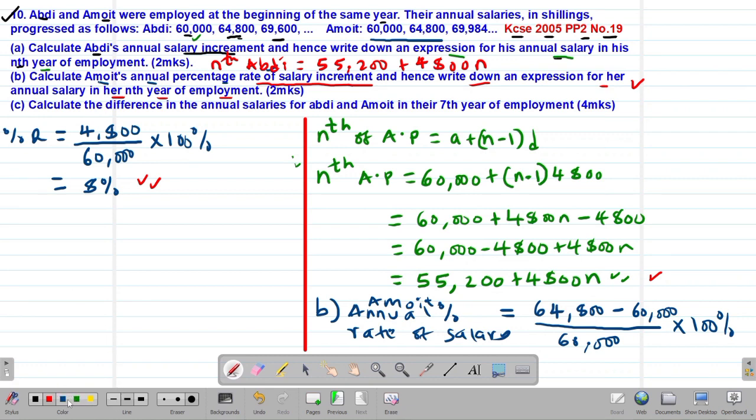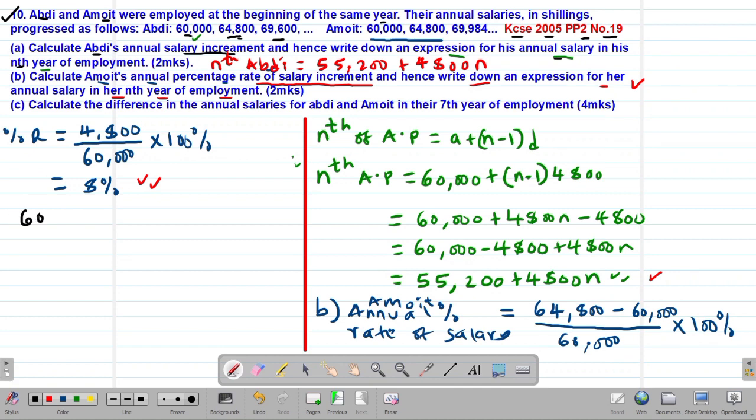Now, for us to get the nth term, we need to determine whether we are dealing with an AP or a GP. Therefore, let's test whether this could be an AP. If it was to be an AP, it should have a common difference.